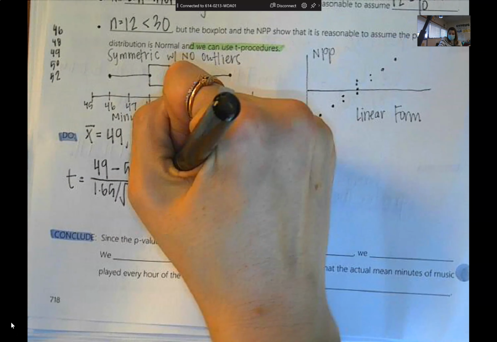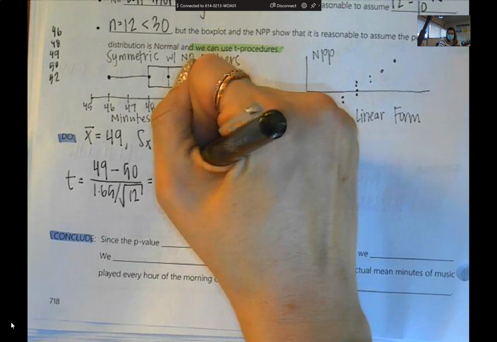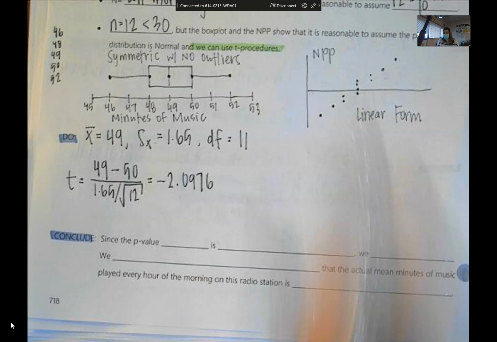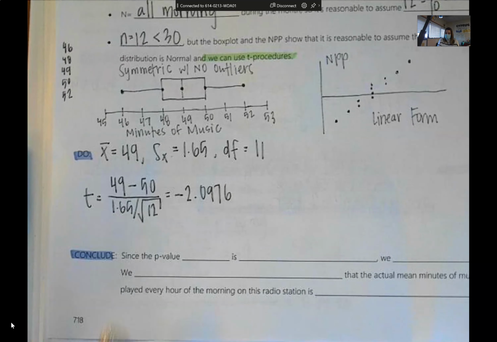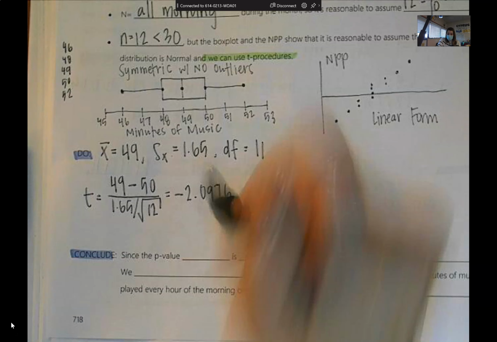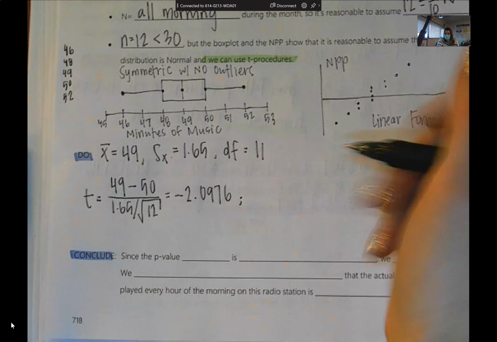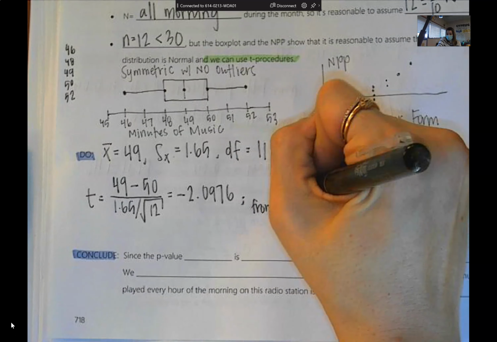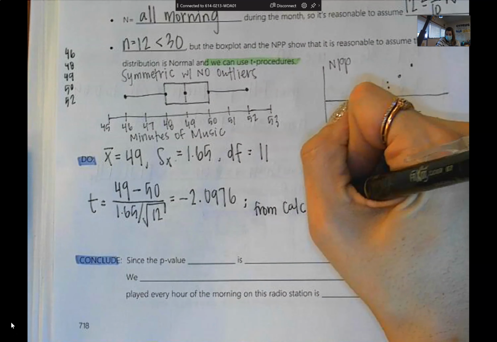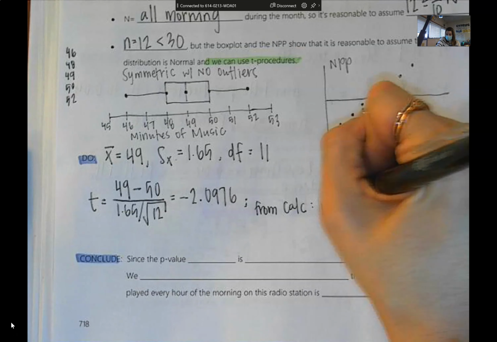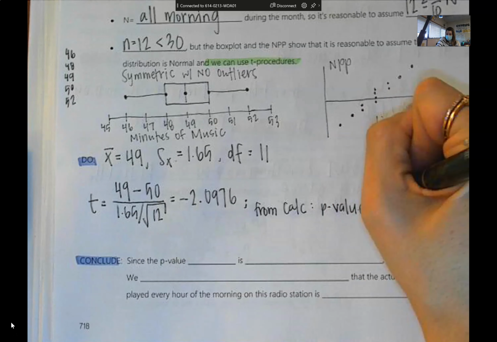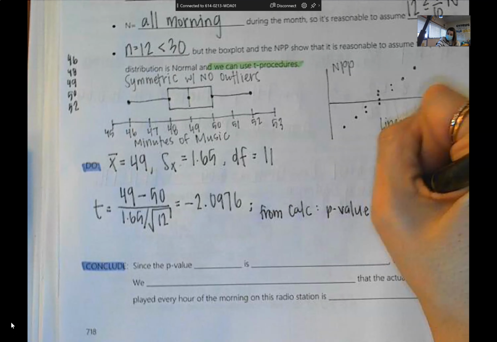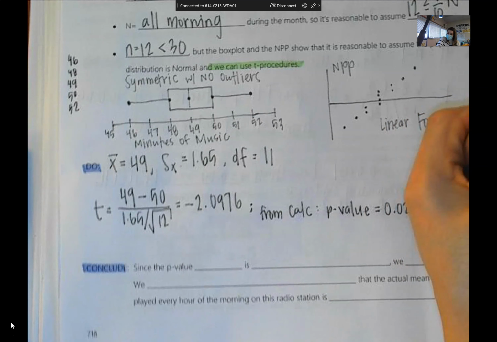And I'm just going to write the whole thing because it doesn't really bother me to write it out. And then I'm going to say from calc, p-value equals 0.0299.